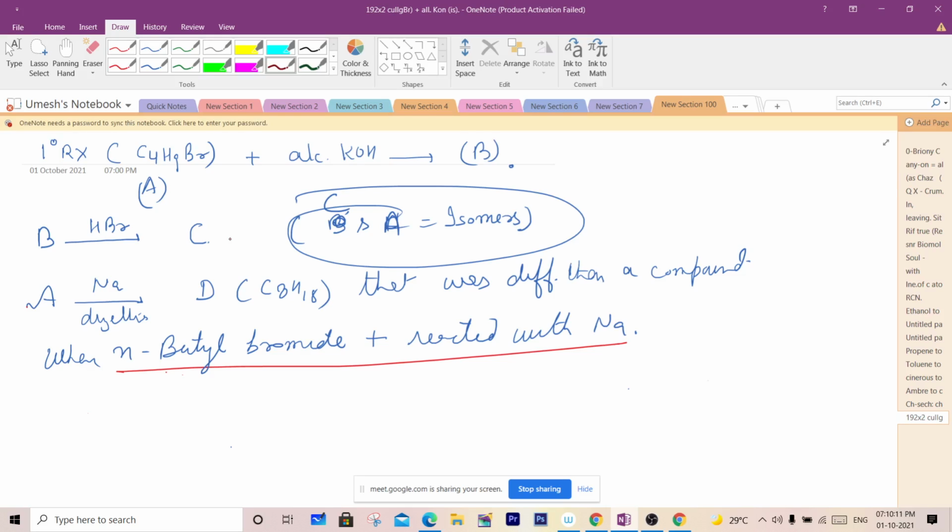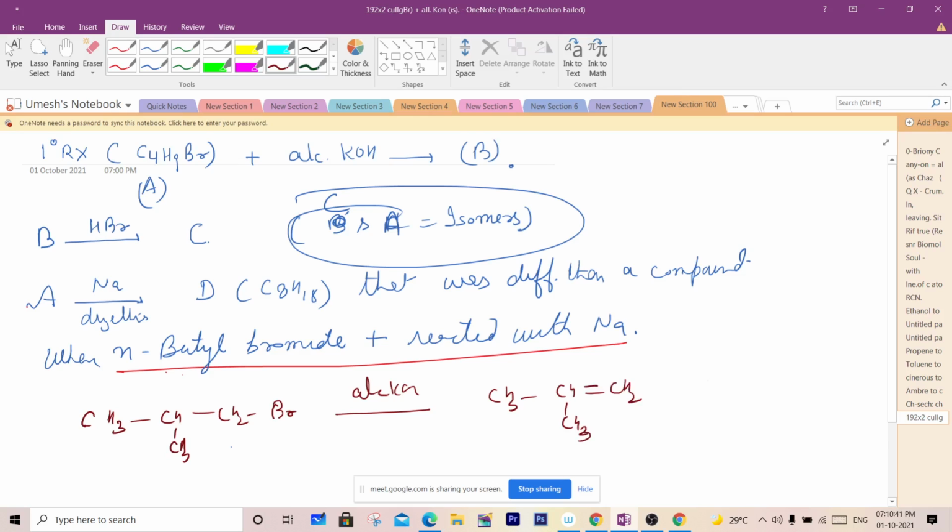So can you solve it now? Because I had these two suggestions. If you have this A, work upon it with alcoholic KOH, it will give you this one.